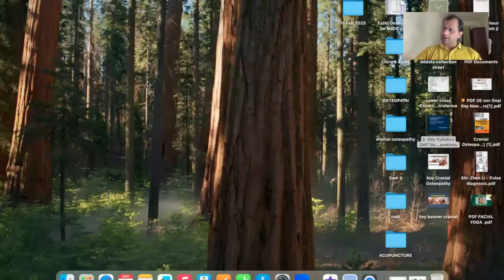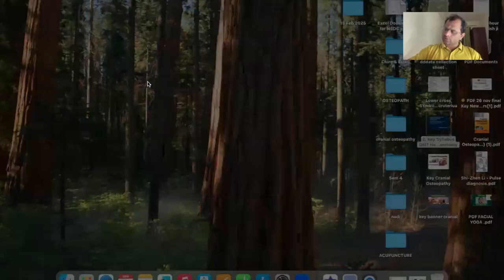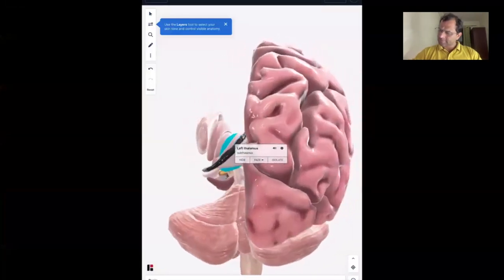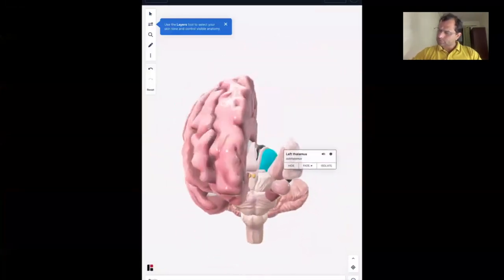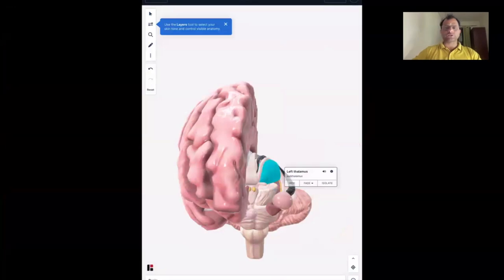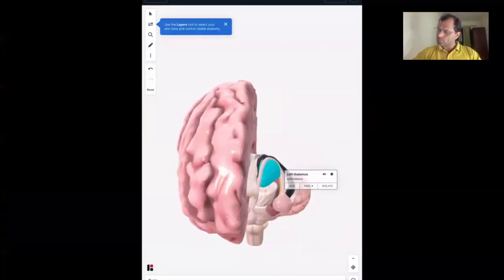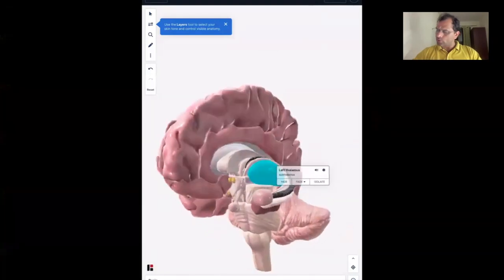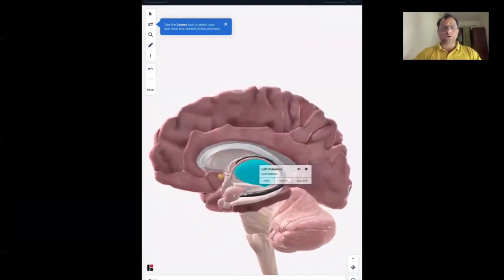Now let's see here again. So this is the thalamus. Now below the thalamus, we are looking from the side.